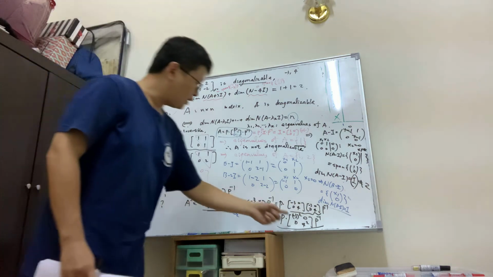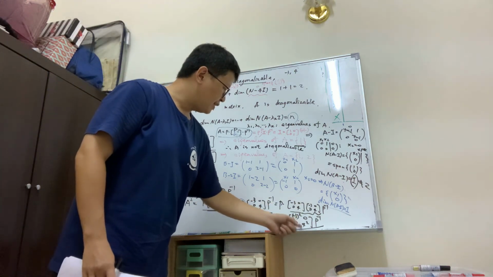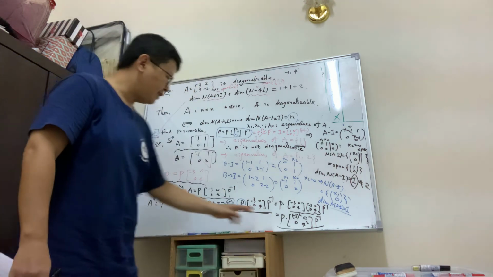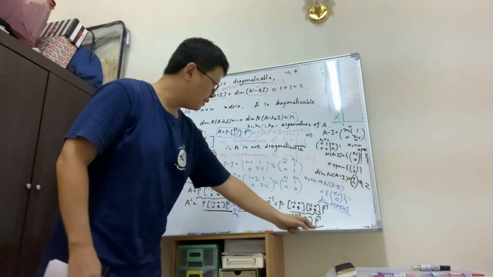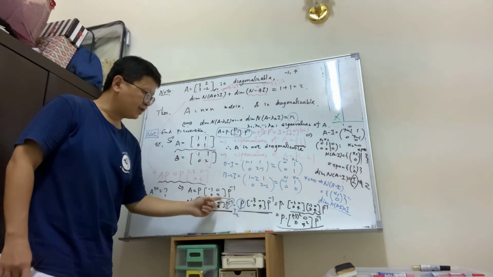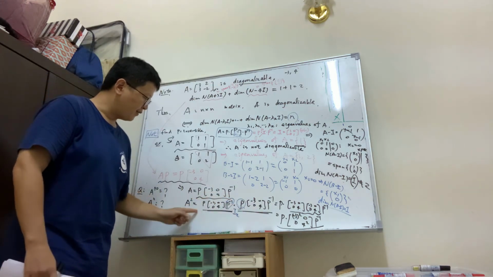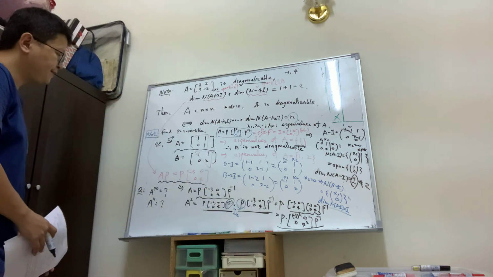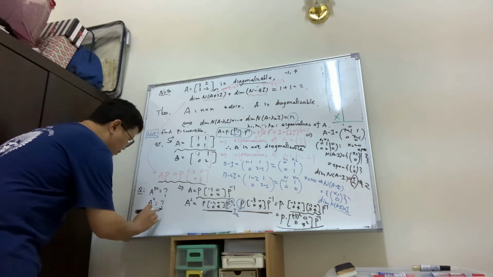Just square each diagonal entry. The left-hand side keeps P, the right-hand side keeps P inverse. The reason is that when we consider the product, the inner parts cancel, and we just keep the left-hand side and the right-hand side. Right? And we do the similar result.